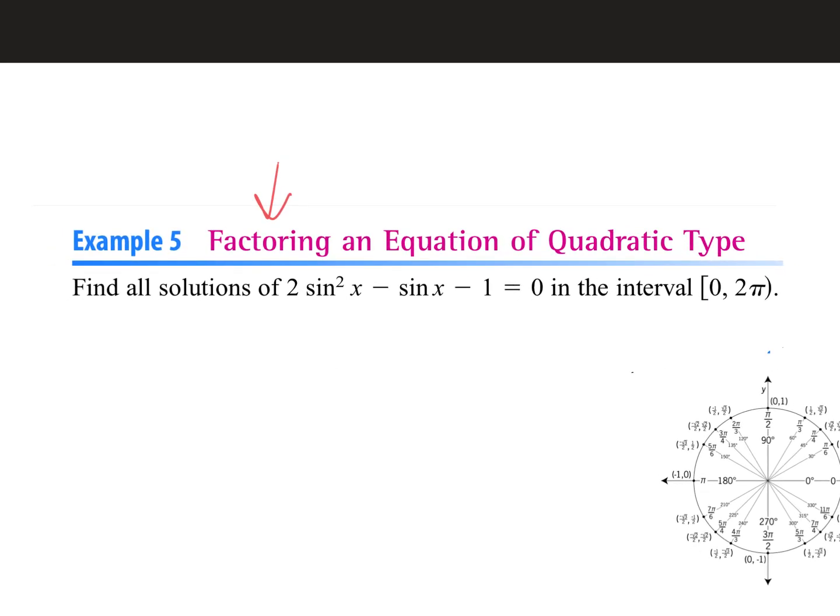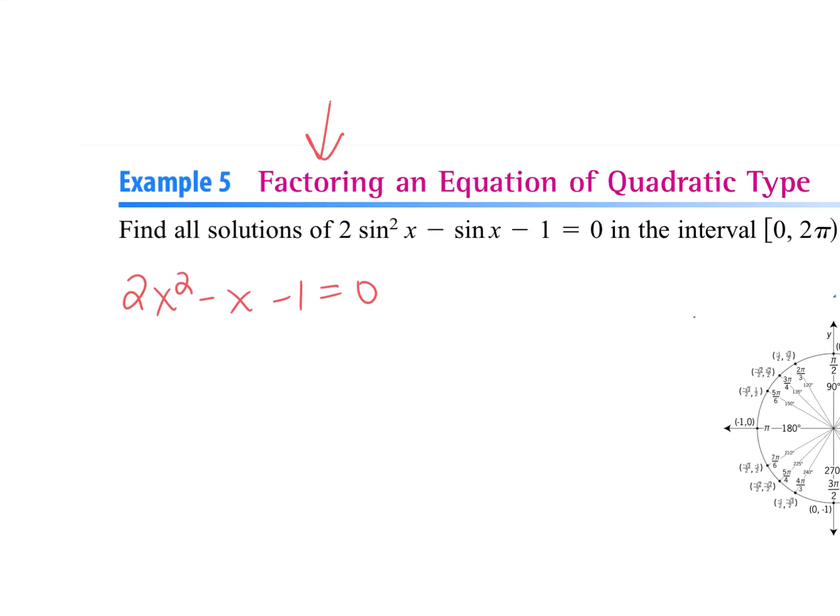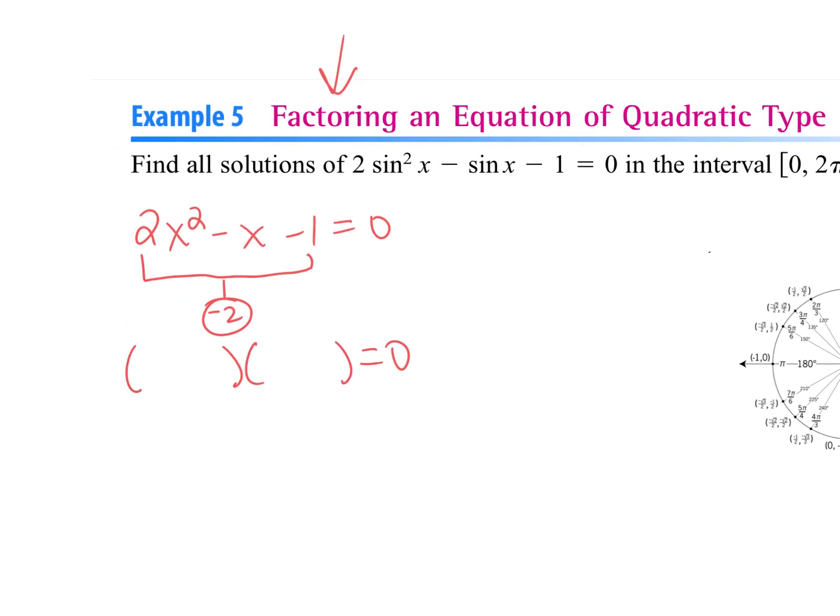Okay, we need to think how? Algebraically. So if I wrote 2x squared minus x minus 1 equals 0, every single person in here could solve this. You say a times c, yeah? Negative 2. What are the factors of negative 2 that multiply to give me negative 2, but add to give me negative 1? So x minus 2, x plus 1.